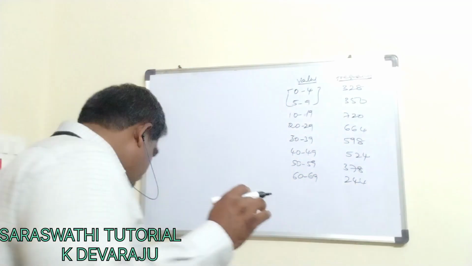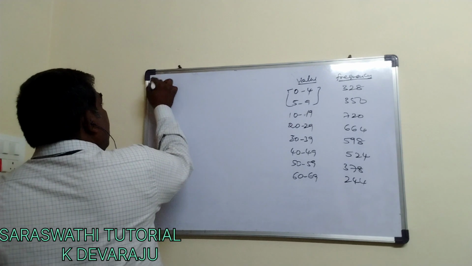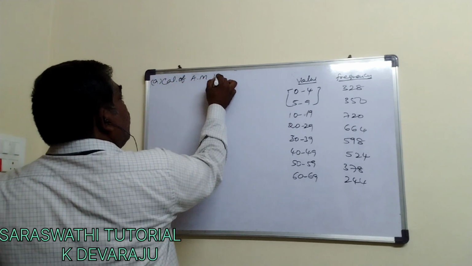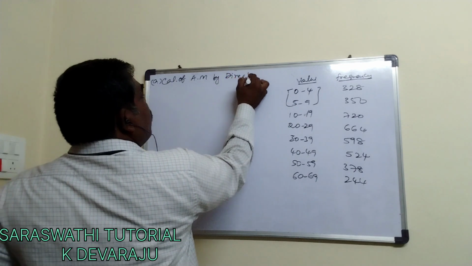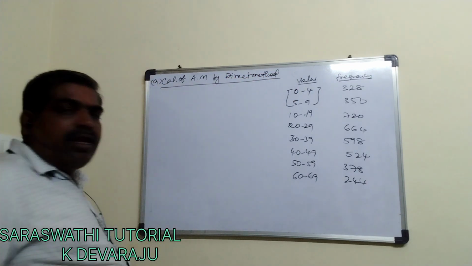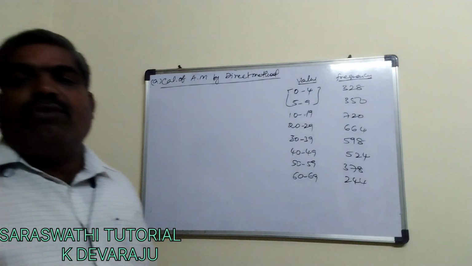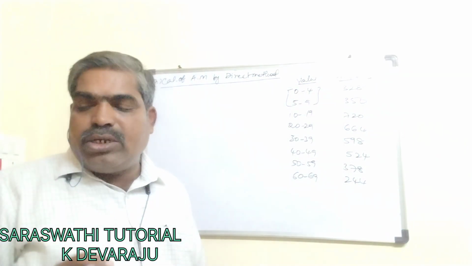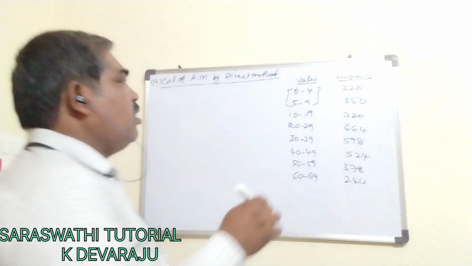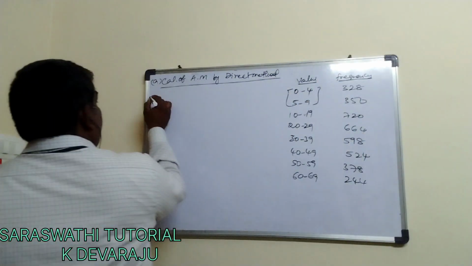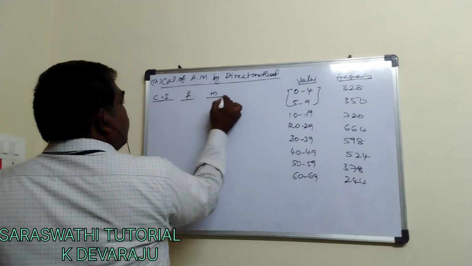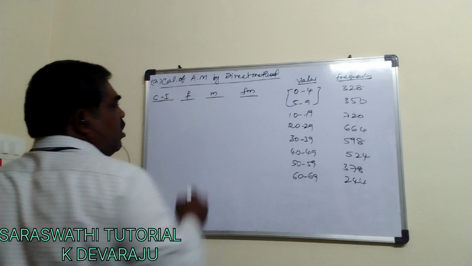First, point A: calculation of arithmetic mean by direct method. The formula for the direct method is x bar equals summation fm by n. Take the columns: first class interval, second frequency, third mid values for fm.